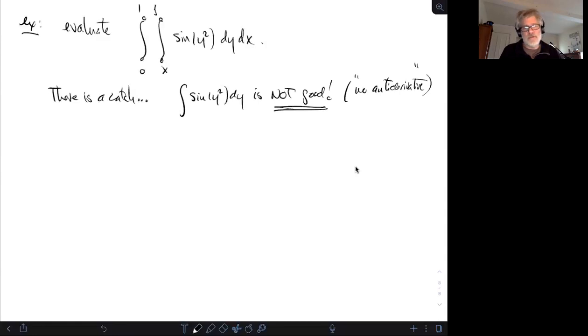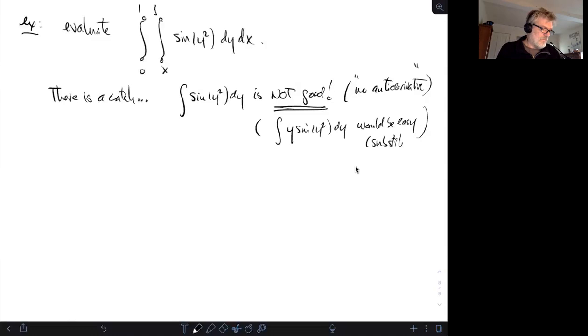I'll put that in quotes because there is an antiderivative, it's just we can't write it down. So it's different. It's not an elementary function, okay? So the integral of y sine y squared would be easy. Okay, substitution.